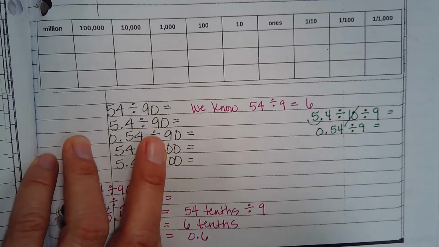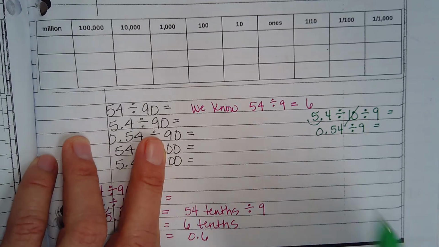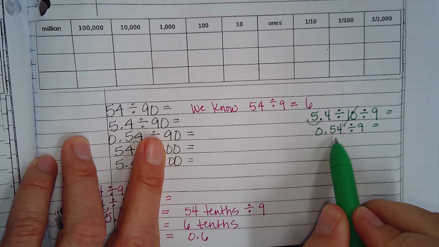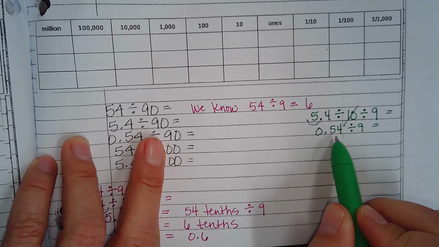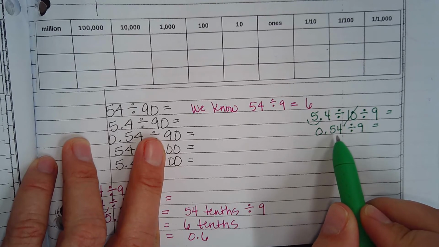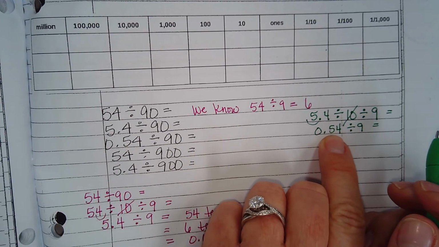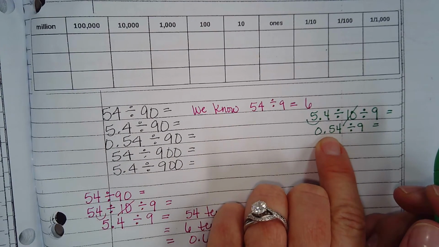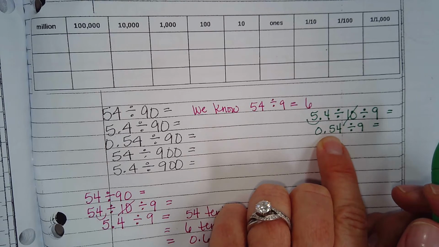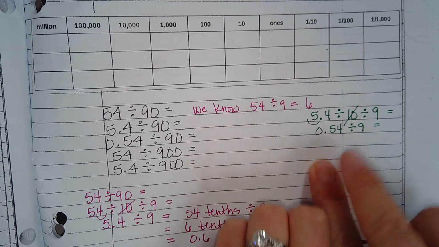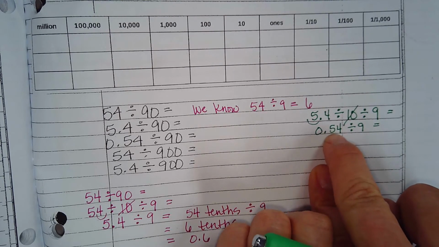But how many numbers are behind the decimal that we're starting with? Show me with your fingers. How many numbers are behind the decimal on this problem right here?